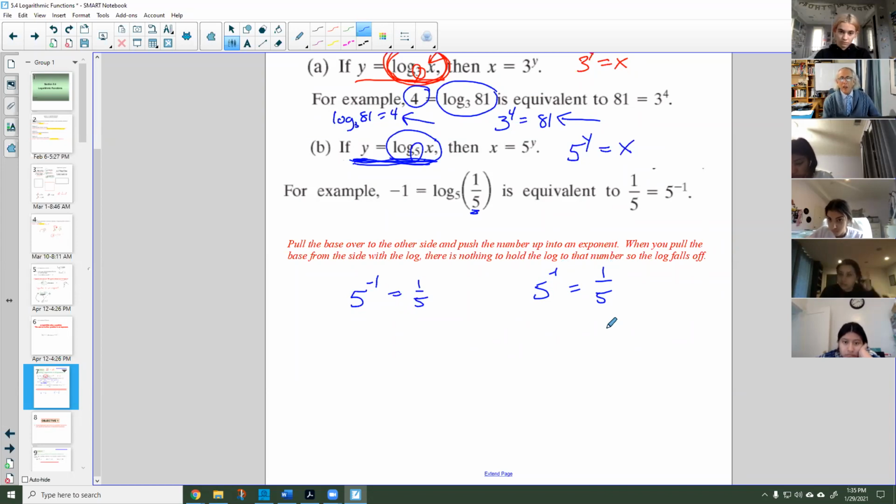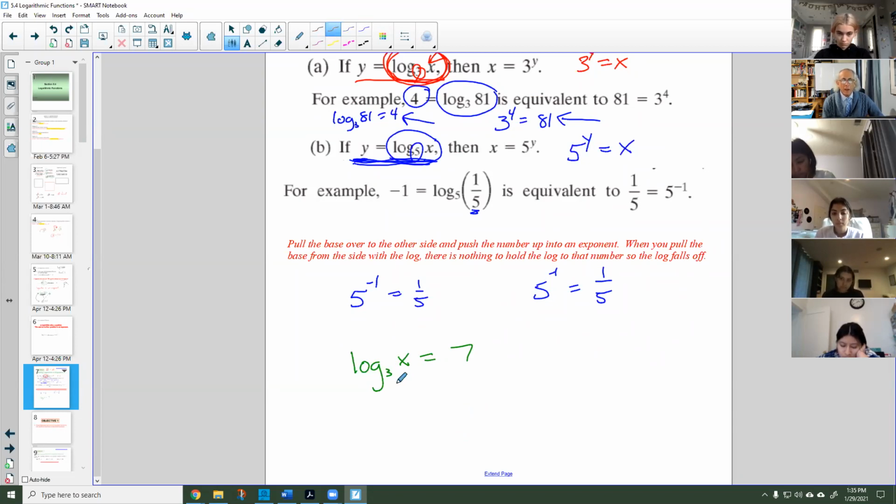So when I do these types of problems, I actually have a little cartoon going on in my head. Let's say log base 3 of x is equal to 7, and I want to solve for x. Well, I want to turn this logarithmic form into exponential form.